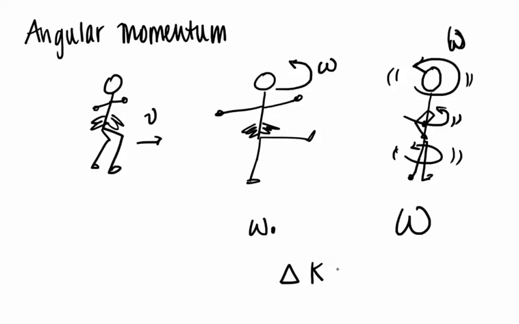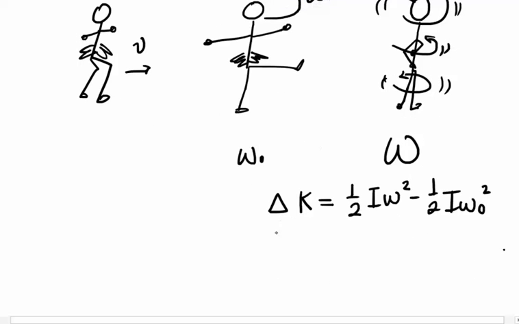We can change our moment of inertia, but isn't this rotational kinetic energy, 1/2 I omega squared minus 1/2 I omega initial squared? In order to have this change in kinetic energy, if you think back, we have to have work, and work is force times distance.